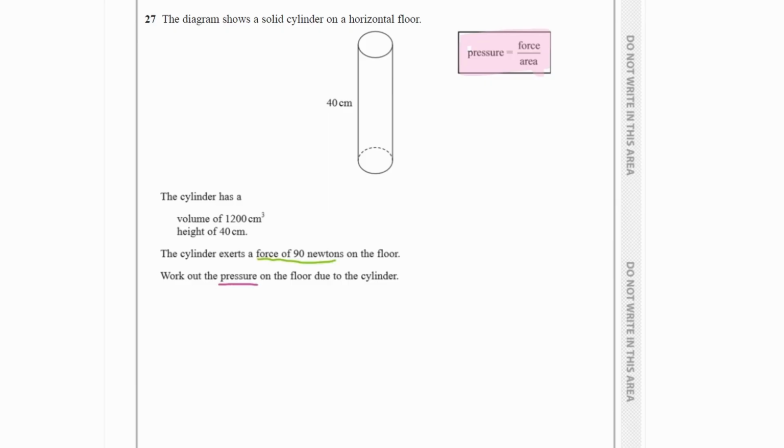We've also been given the force in the question, which is 90 newtons. So we've got the force, however, we do not have the area. We do know that the area which is exerting the pressure on the floor is a circle, and we know that the area of a circle is given by pi r squared. The only other information that we've been given is the volume and the height.